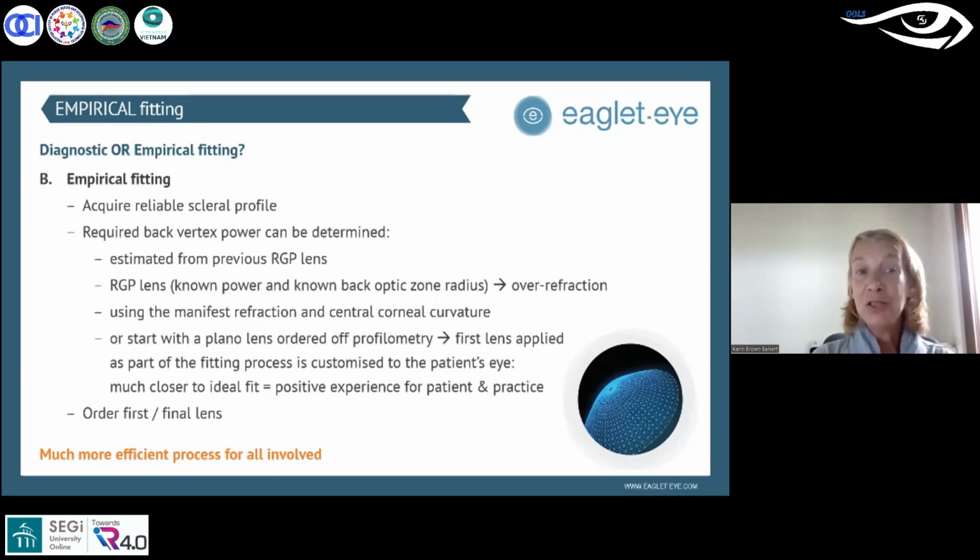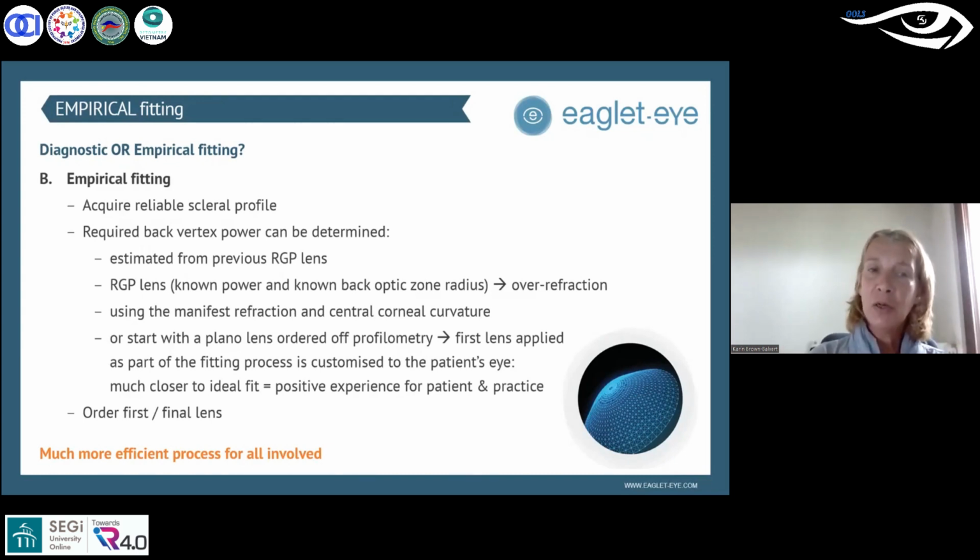So it requires a good measurement. It requires back vertex power. The required back vertex power can be determined by placing a gas permeable lens on the eye, as long as you know the power, the base curve, and the over refraction. It will recalculate everything for you. You can also start with a plano lens.